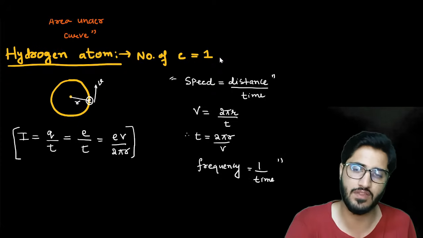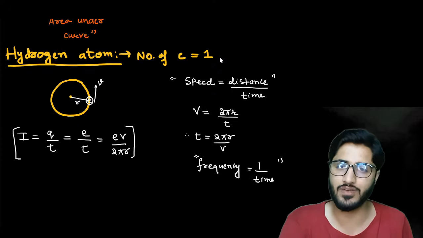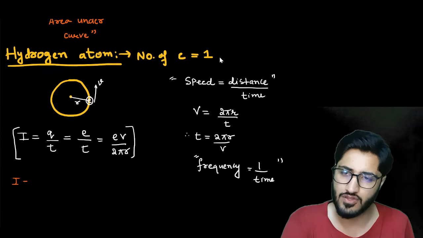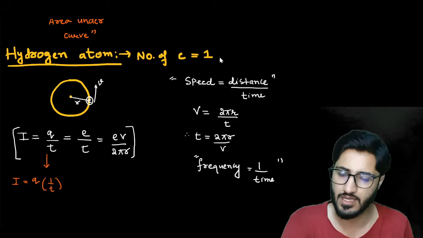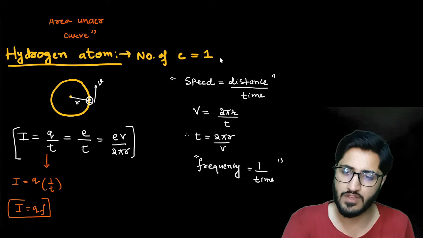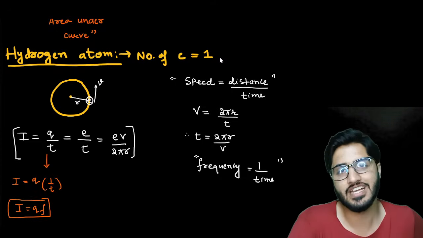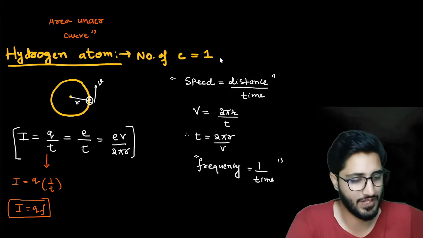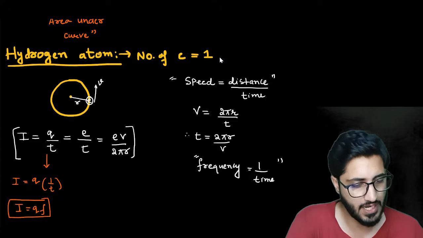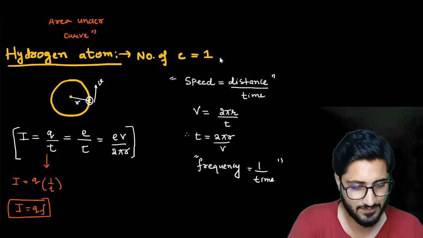So can I write now, I is equal to Q, and I will take 1 by T separately, using this equation? So I equals Q, and 1 by T is frequency. So one more equation for current calculation is: current is equal to charge into frequency.